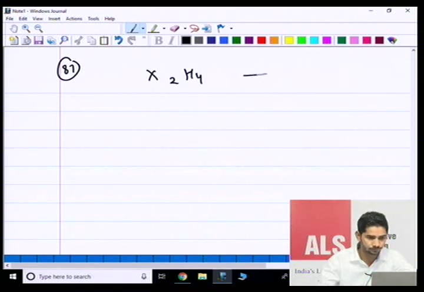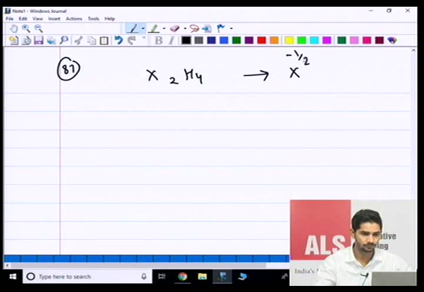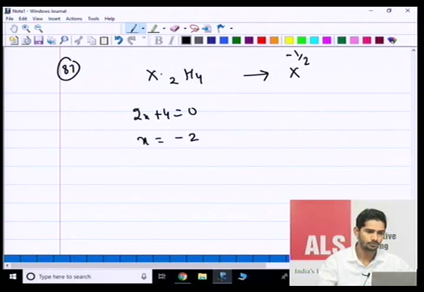X2H4 is giving you X. The oxidation number of X is given to us as minus 1/2. If I calculate this one, 2x plus 4 equals 0, X will be equal to minus 2.